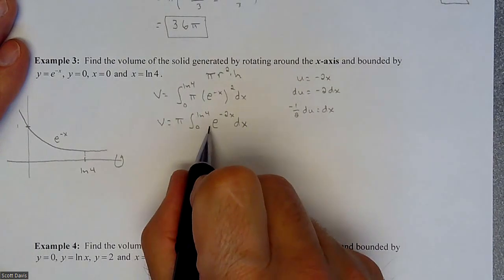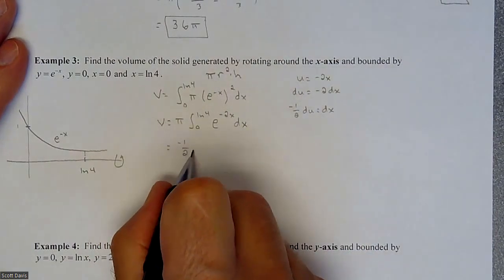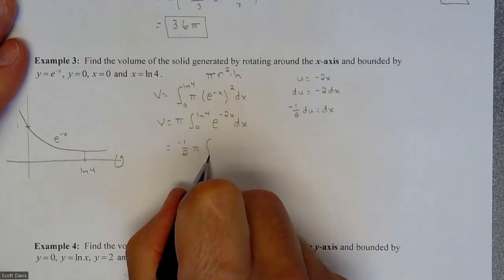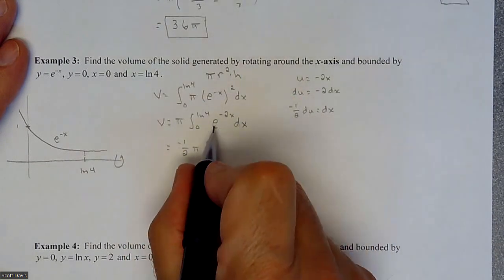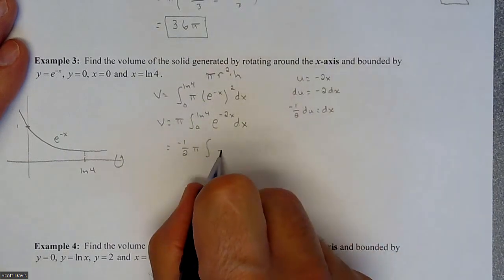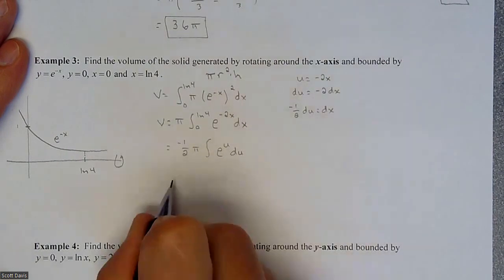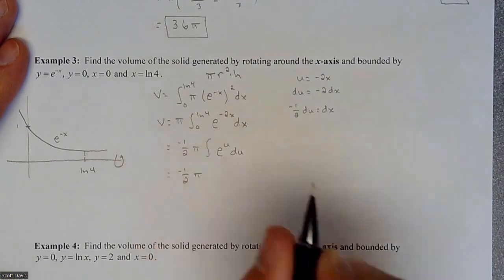So if I rewrite this in terms of u, I'm looking at a negative 1/2 pi. The negative 1/2 would come in front. I'm not going to mess with my bounds at all. I'm going to leave it alone because I'll put it back into terms of x in a second. And then this is going to be now e to the u du. I do that so I can do my antiderivative much, much nicer.